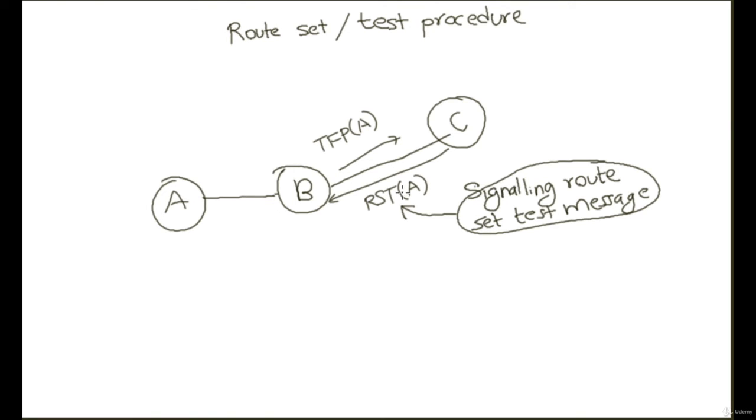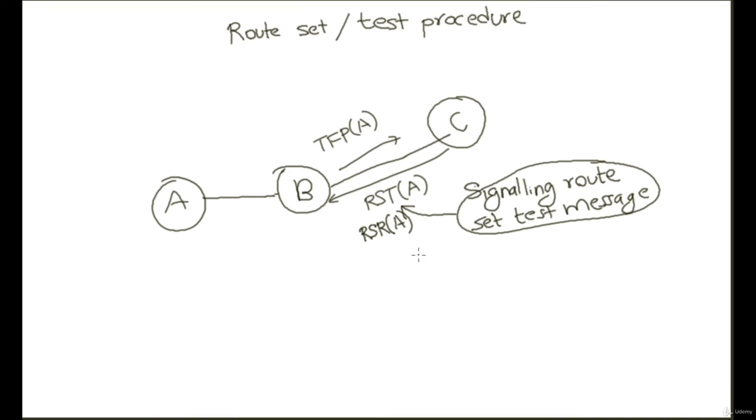RST is for the prohibited signaling point, and similar to that is the RSR message, which is for the restricted signaling point. Both these messages are periodically sent by the signaling point to judge the state of the point code.